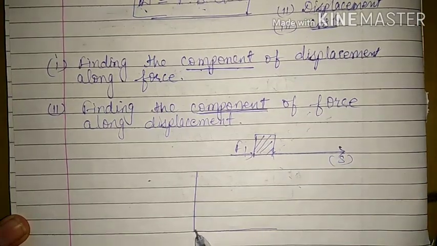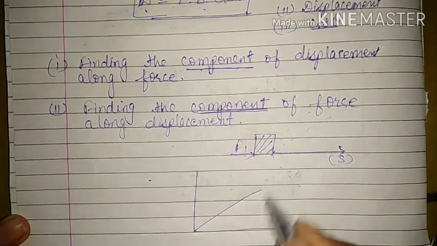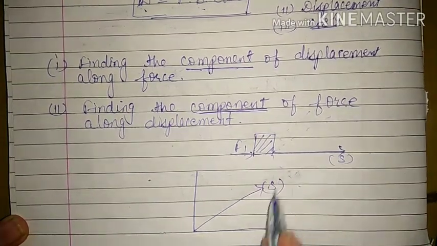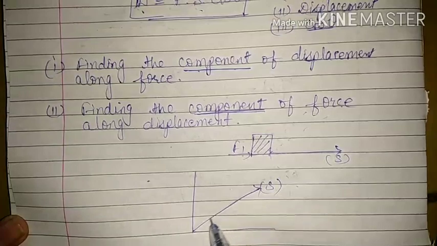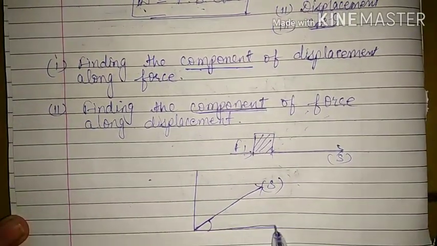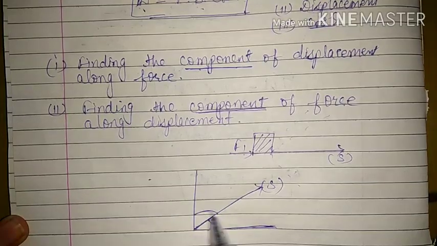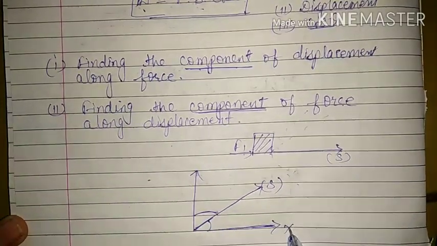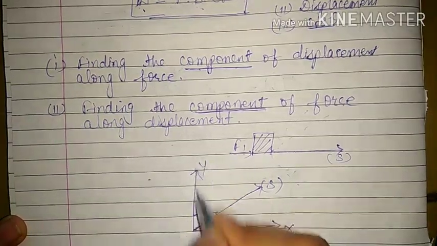But if it is moving in another direction than the straight line, suppose in this direction displacement is there, in that condition this displacement has two components. One is the horizontal component and another one is the vertical component. We know that this is the x-axis and this is the horizontal component, this is the y-axis and this is the vertical component.